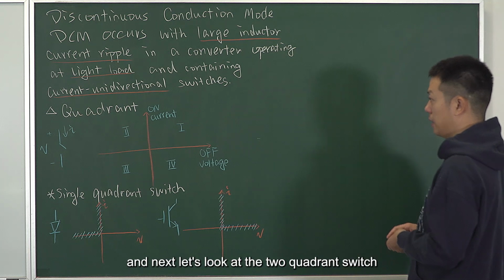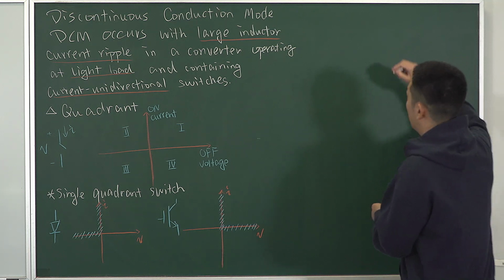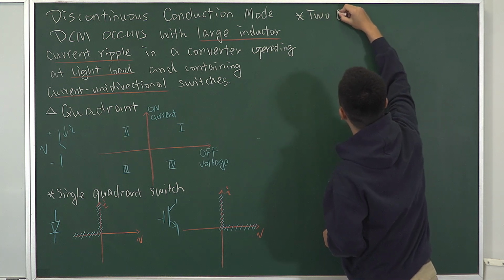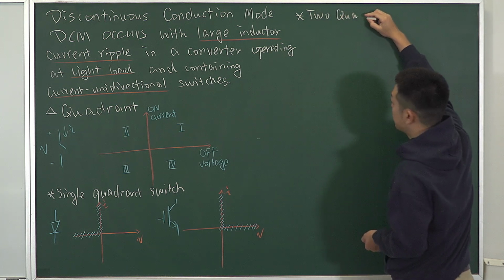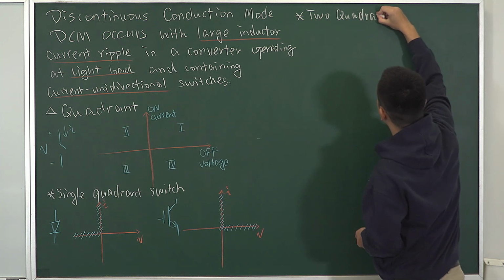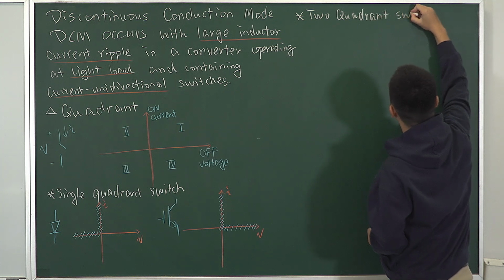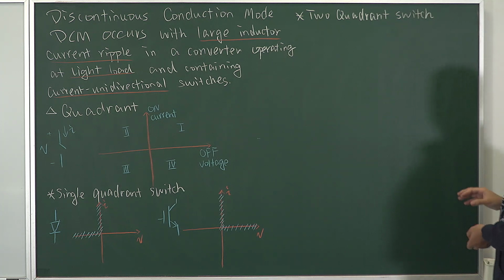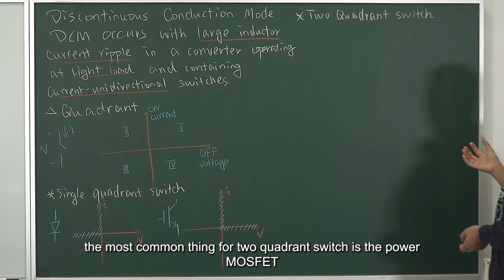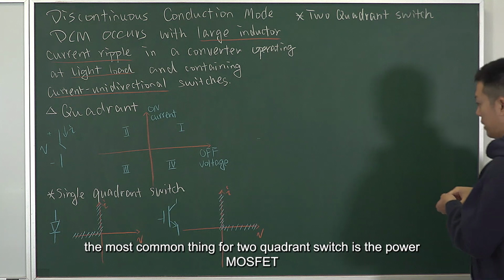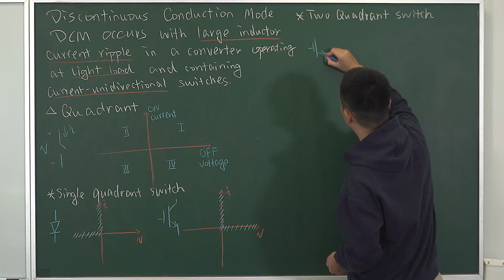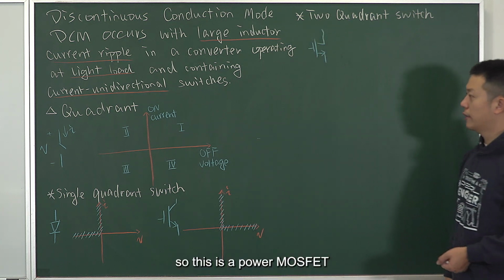Next, let's look at the 2-quadrant switch. The most commonly seen 2-quadrant switch is the power MOSFET.